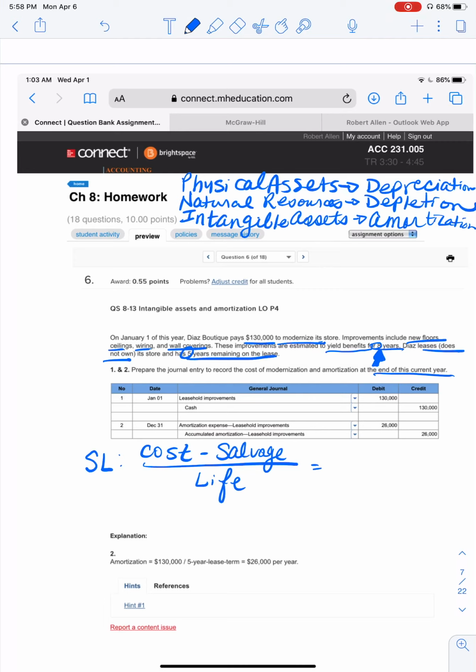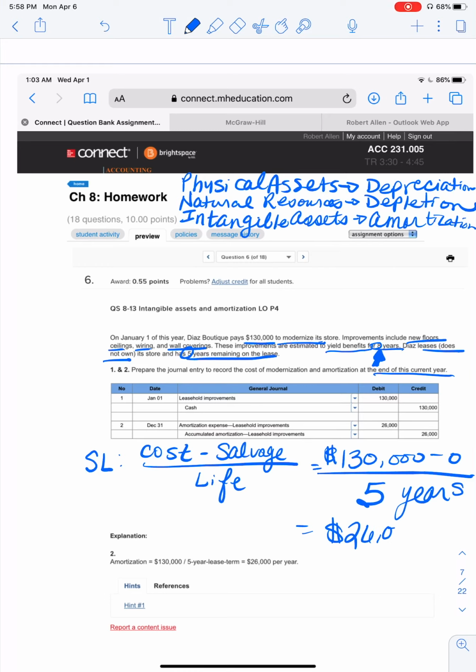And in this case, our cost was $130,000. There is no salvage value because we're not going to be there anymore, so we're not going to be getting any benefit, and it's not going to be worth anything. Divide that by my 5 years, and when I do that, I'll come out to $26,000 per year in amortization expense.